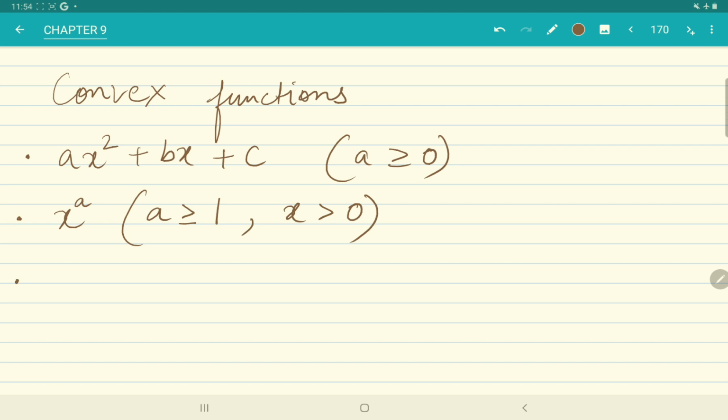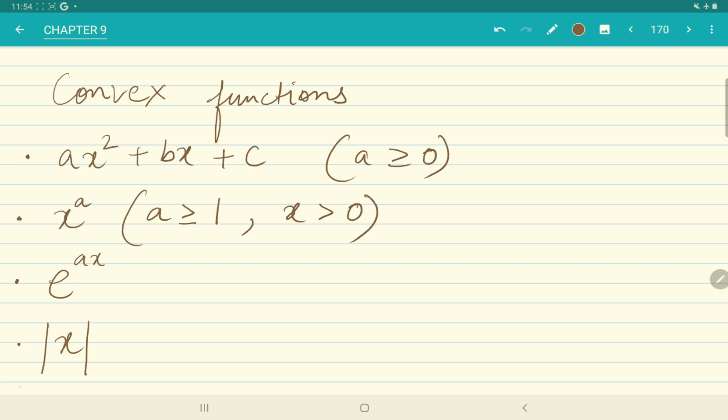Then we have e raised to the power ax, wherein I obviously know that it is a convex function. Also, if I take a look at this, this is also a convex function.